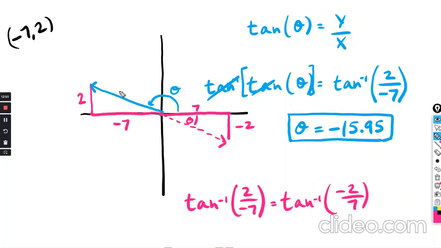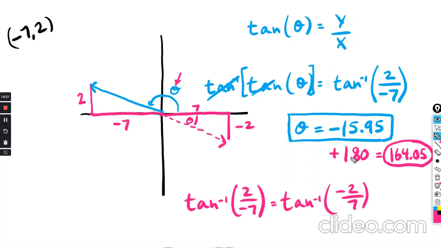If you recall, a straight line is 180 degrees, so all we have to do is add this angle to 180. If we add this angle to 180, we get 164.05. That would be this angle right here, the one we're looking for. You might get the wrong answer just because 2 over negative 7 is the same as negative 2 over 7.